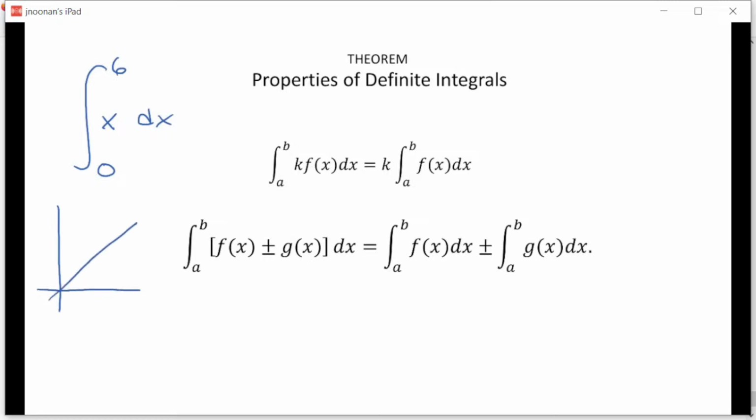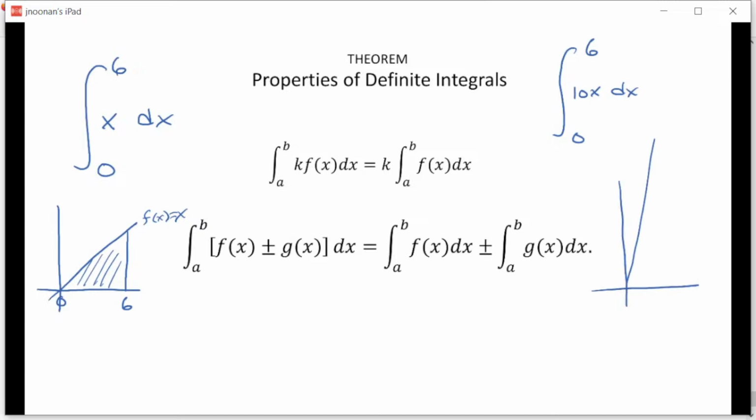Oh, it's going to be a triangle. 0, and then 6, 6, 6.